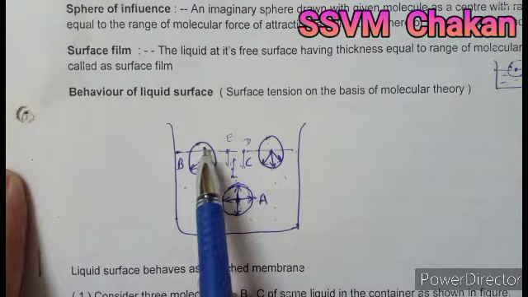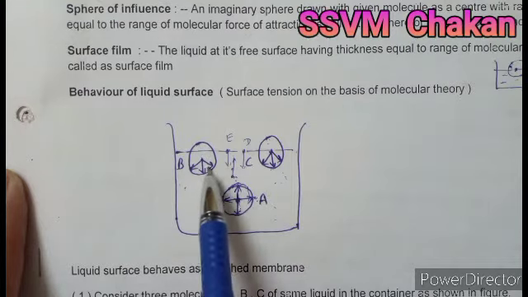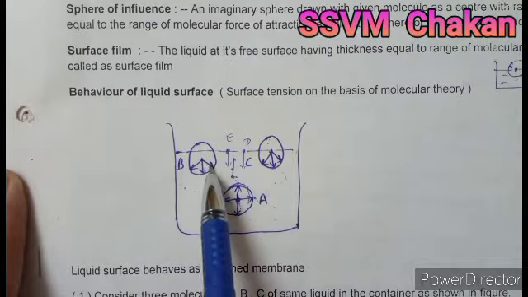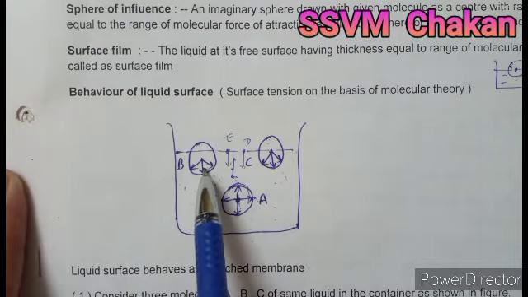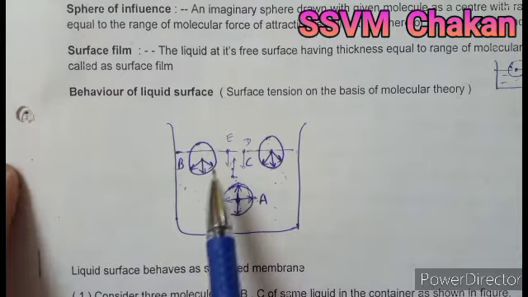These are few in number. So the net force acting on molecule B is a cohesive force due to the liquid molecules below it inside the sphere of influence. Because of that, molecule B is pulled in the downward direction.